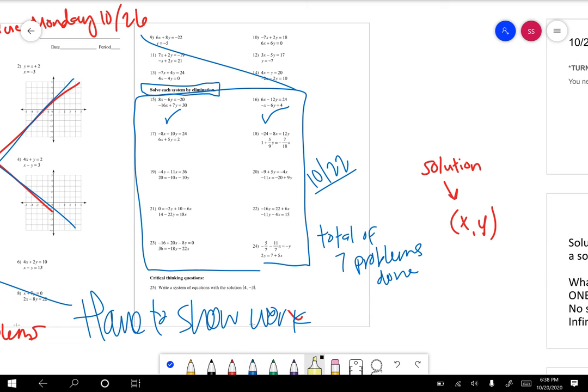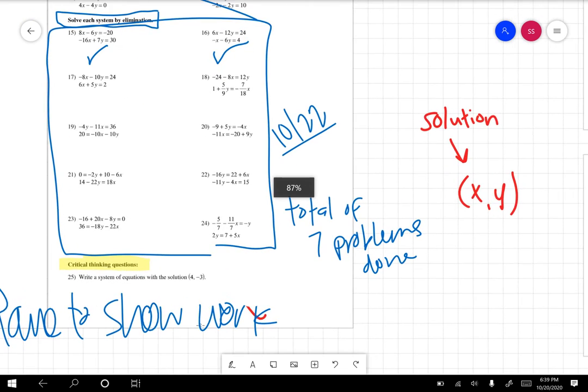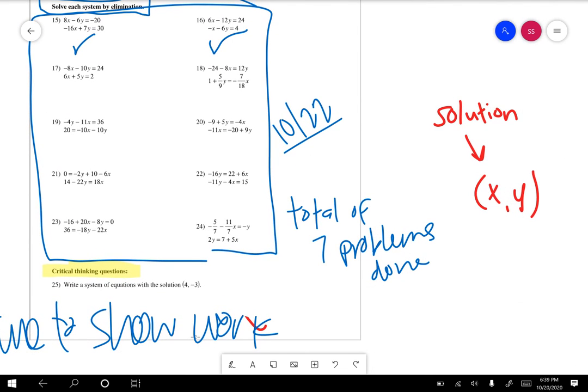And you also need to complete this critical thinking question. Now, let's take a look at it really quick. It says, write a system of equations with the solution 4, -3. So you need to write 2 equations that have the solution 4, -3.